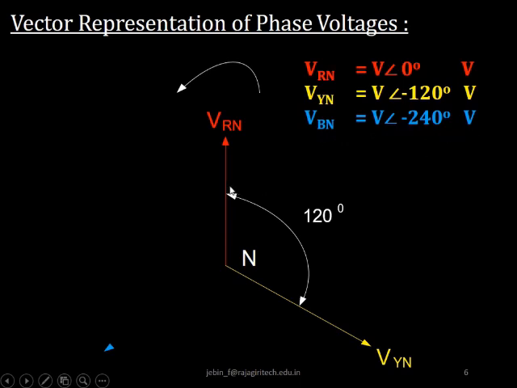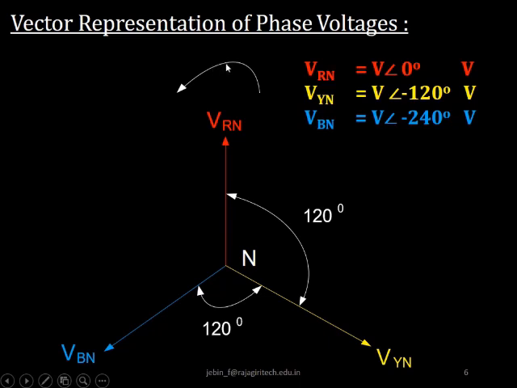From the reference, I'll again measure 240 degrees, so 120 plus 120, I get 240. Now I will draw Vbn with the same length, since the magnitude is the same. I have shown an arrow mark which represents the direction of rotation of the phasors with respect to an angular speed of omega.